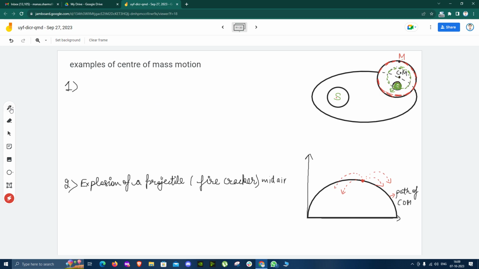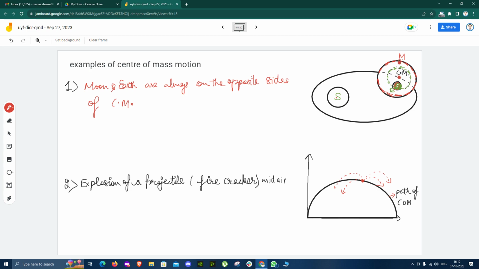Remember, it's very important that the moon and earth are always on opposite sides of the center of mass.